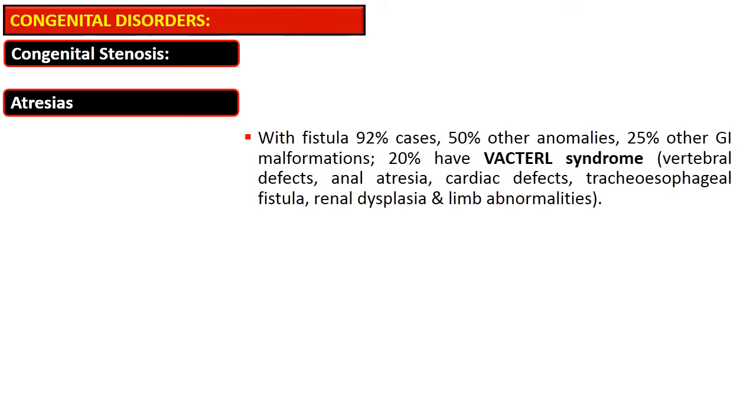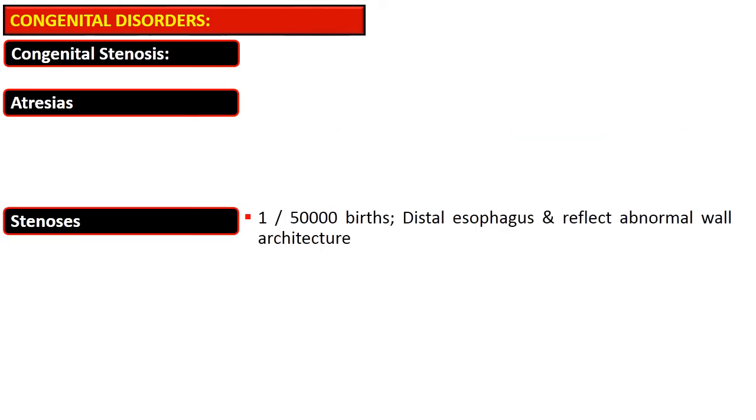One quarter of the atresias are associated with other gastrointestinal malformations, and 20% of the atresias have VACTERL syndrome, that is composed of vertebral defects, anal atresia, cardiac defect, tracheoesophageal fistula, renal dysplasia and limb abnormalities.